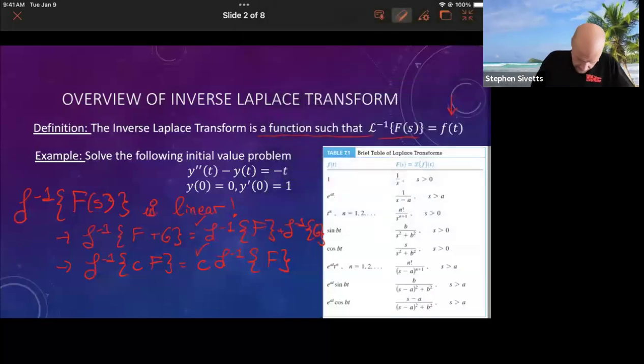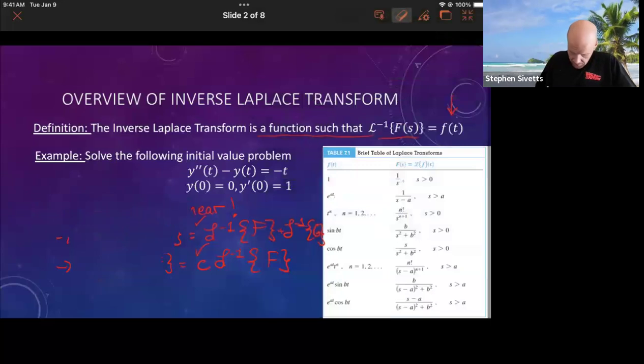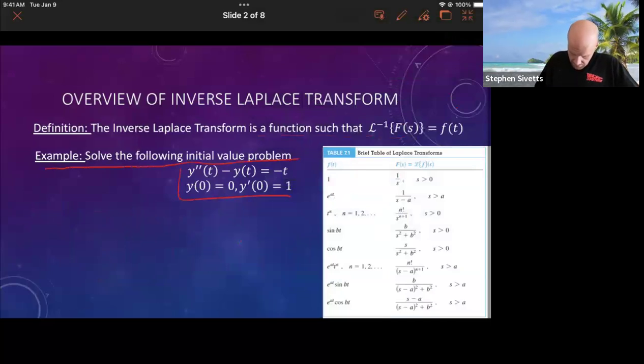But the most important thing is how this is involved in an example like this initial value problem. Okay, so we want to solve the initial value problem, y double prime of t minus y prime of t equals negative t.